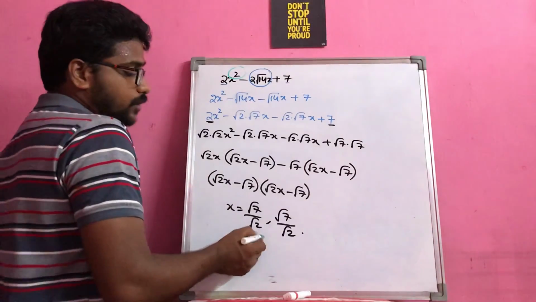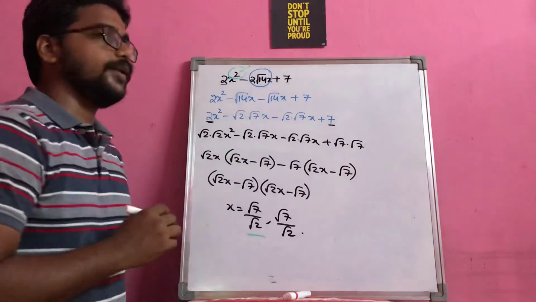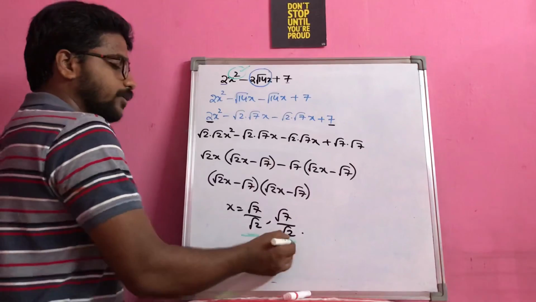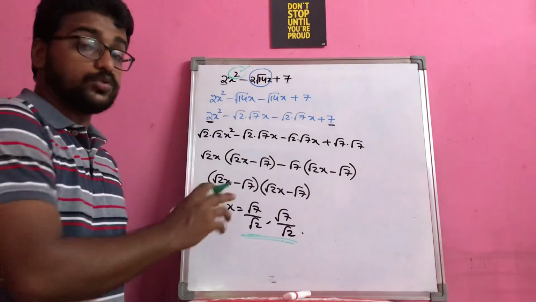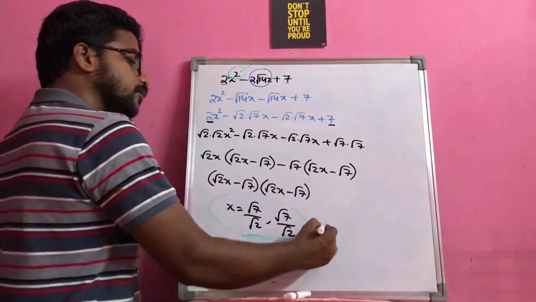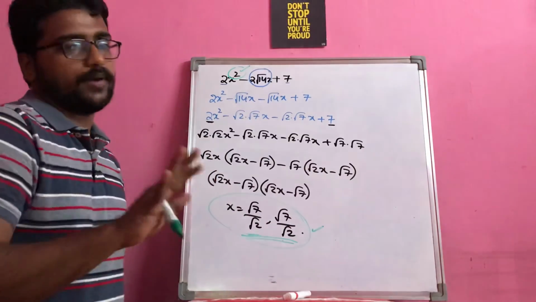If you write one solution, that is wrong. Why? Because it's a degree 2 polynomial, so you should show the two solutions for sure. Though they are the same also, you should show two solutions. So that is why you should write both x values as root 7 by root 2, root 7 by root 2, for 2 times you have to write.